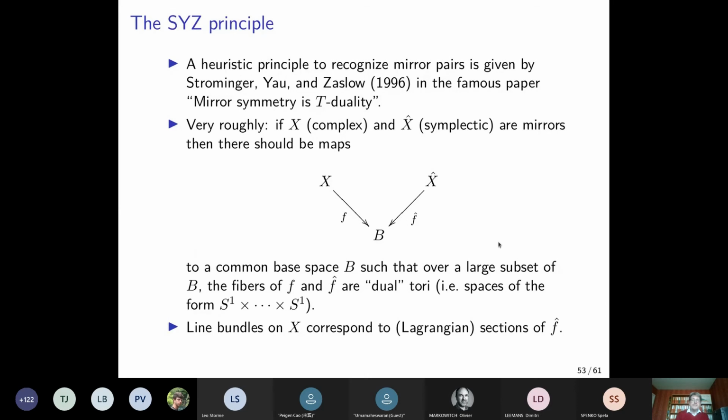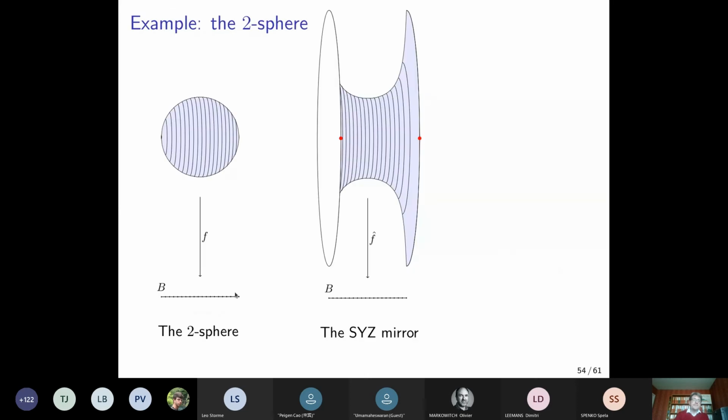So I'll try to illustrate this for the two-sphere. I've drawn the SYZ fibration for the sphere, and it's very easy. We just project the sphere onto an interval, and you see that the fibers are circles, and circles are just one-dimensional tori.